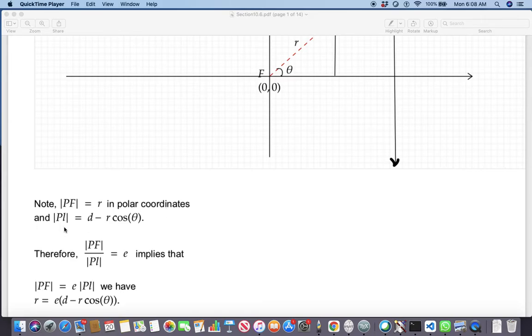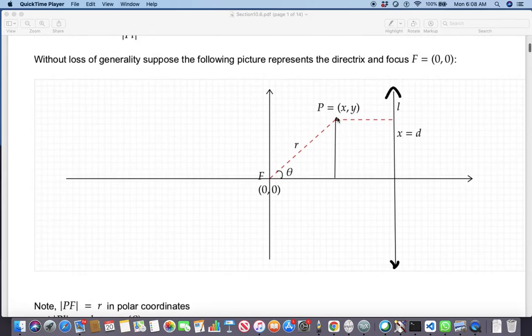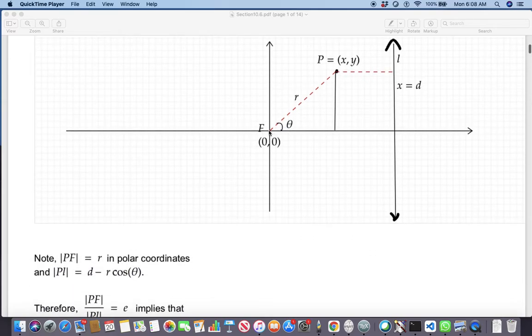The distance of P from L, that is this distance, is the total distance, which is d, because x equals d here, minus this particular distance.